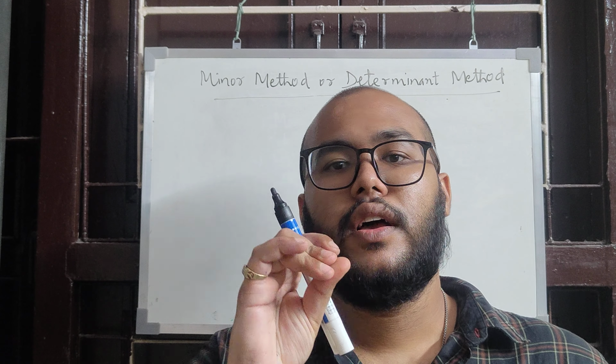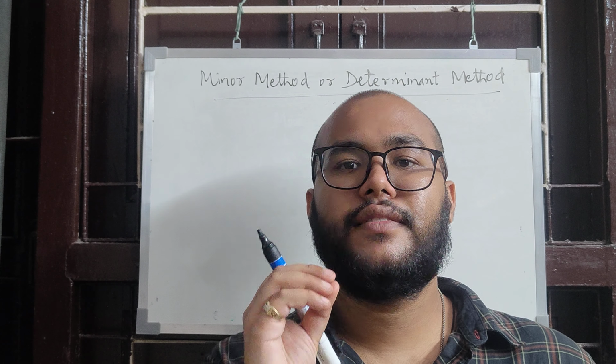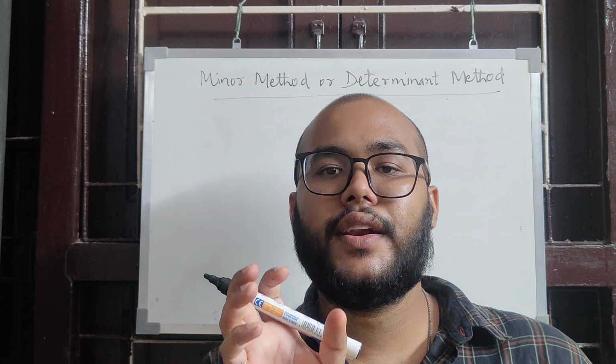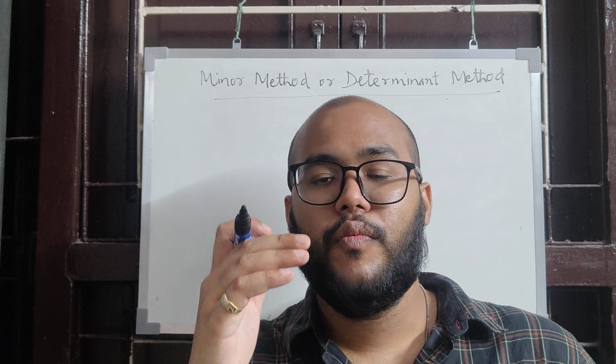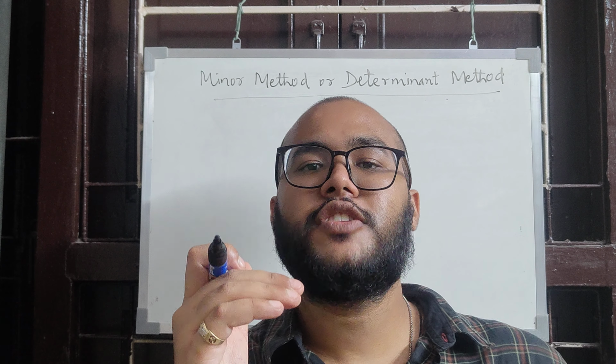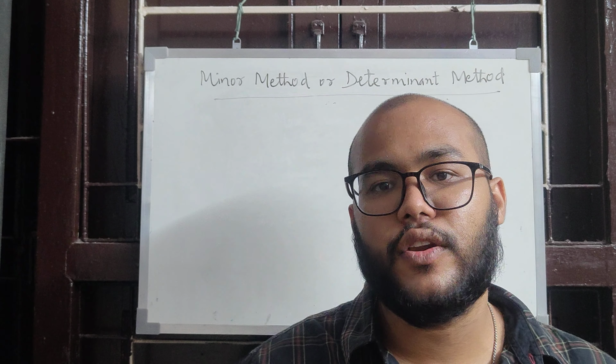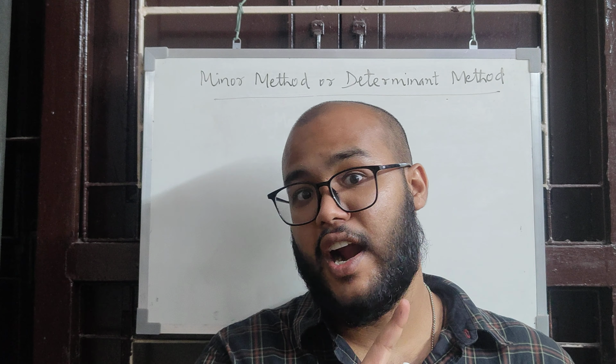If determinant is 0, then what we do? We try to find a matrix which is just below that. Suppose there is an n cross n matrix, and determinant of n cross n is 0. So the rank can't be n.